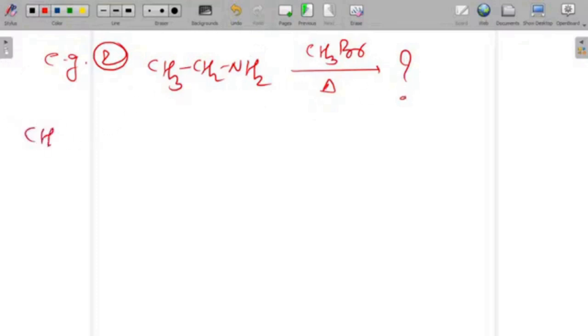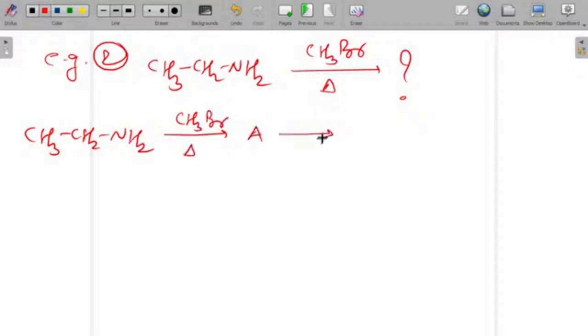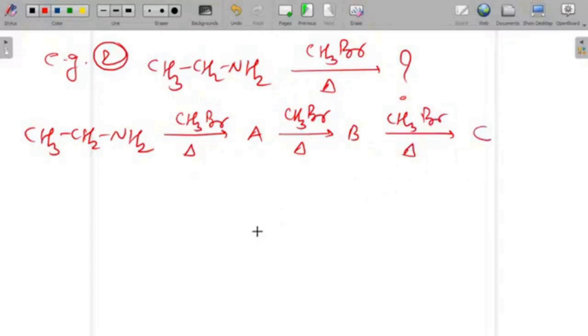CH3CH2NH2 on reaction with CH3Br on heating produces A. Again on reaction with CH3Br on heating produces B. Again on reaction with CH3Br on heating produces C. You have to write the products A, B and C.